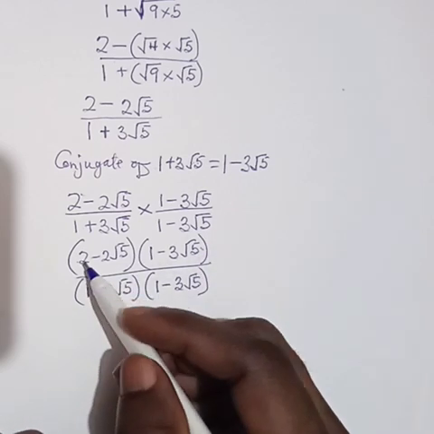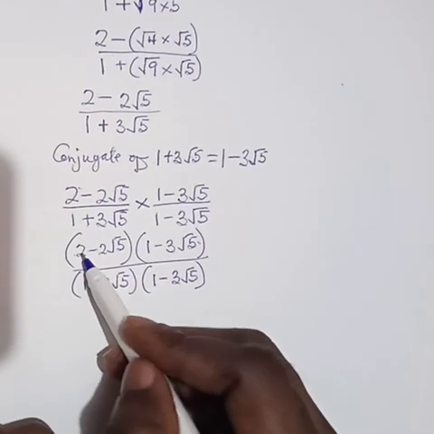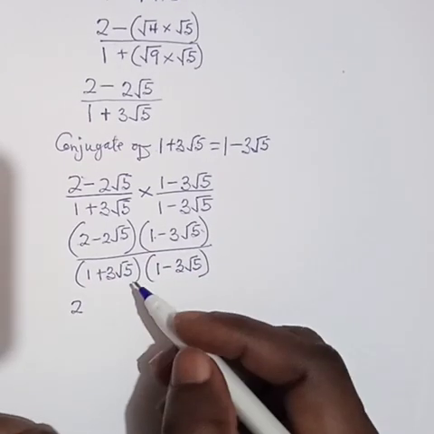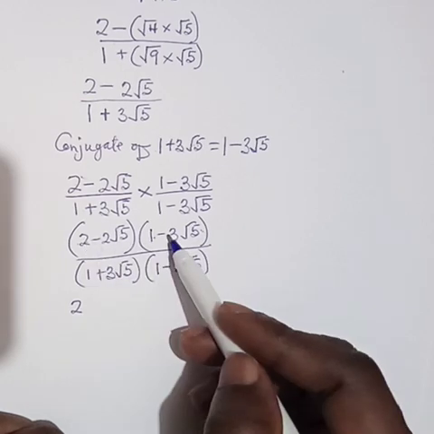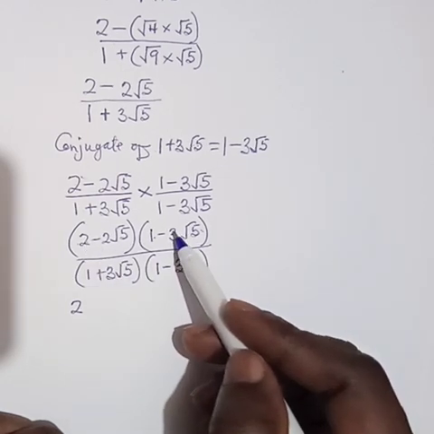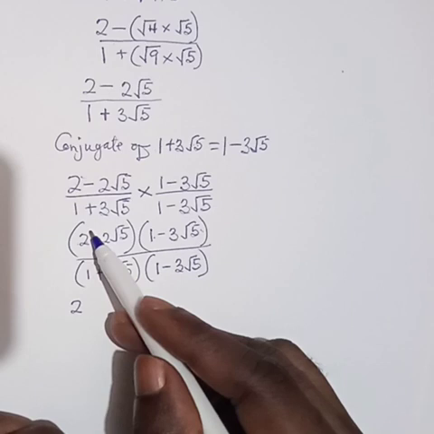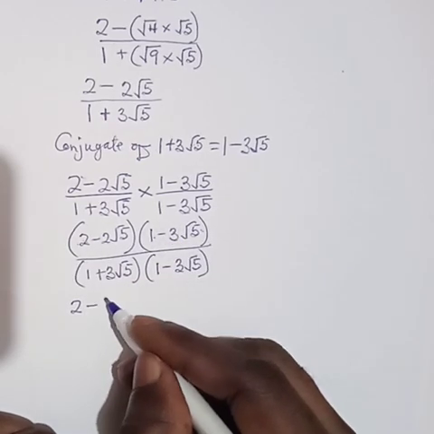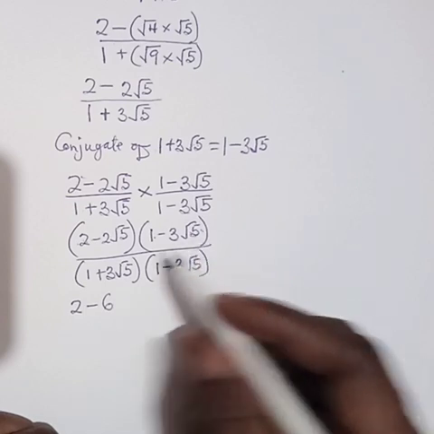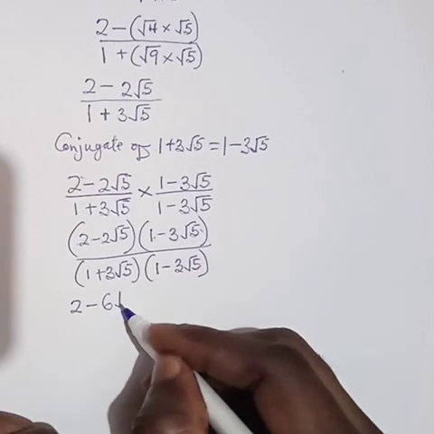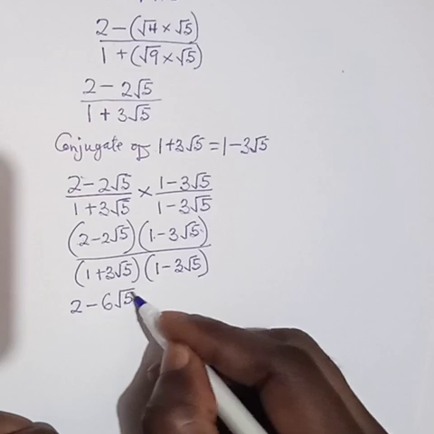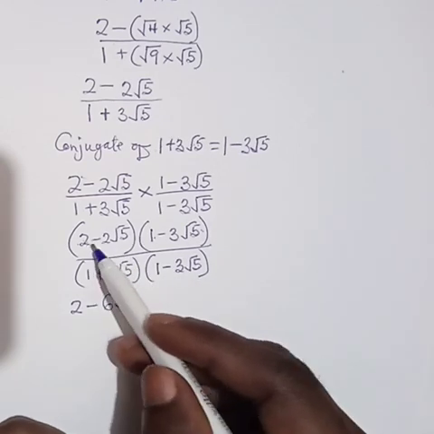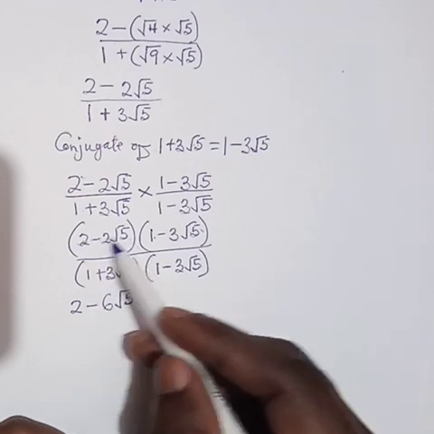So if I remove the bracket, this 2 times this 1 will give me 2. 2 times the whole of this: I don't have a square root here, so I will only multiply 2 by negative 3, which will give me negative 6, then I have my square root of 5.